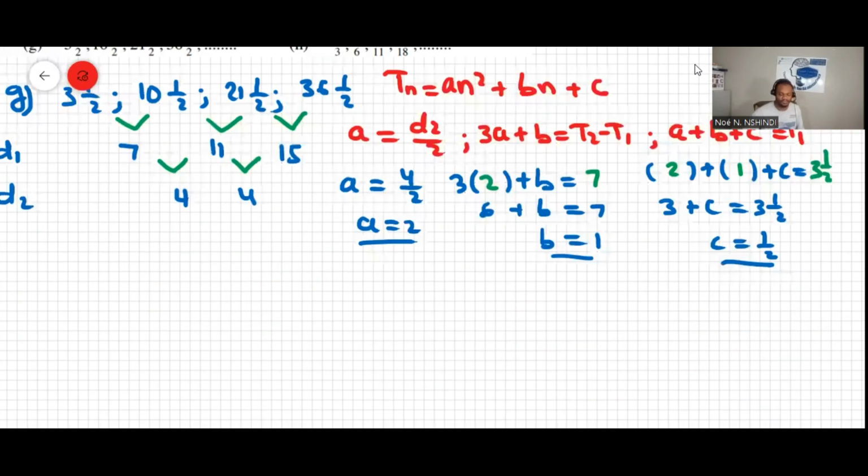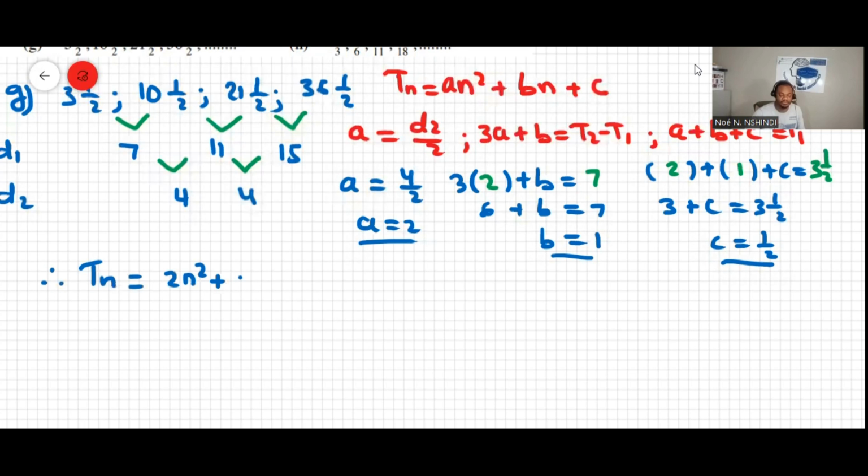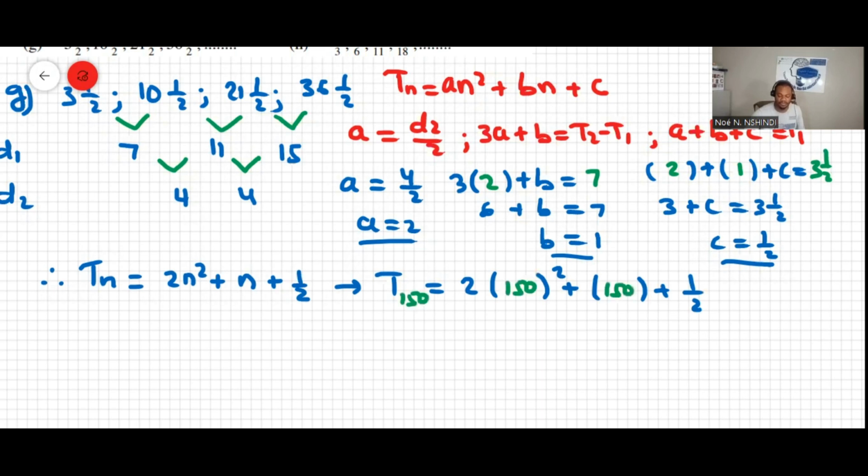Then we can say, therefore, Tn will be equal to 2n squared plus n, 1n is just n, plus a half. That's Tn. Then we can find the 150th term by substituting n equals 150 into 2n squared plus n plus a half. You can use a calculator for that.